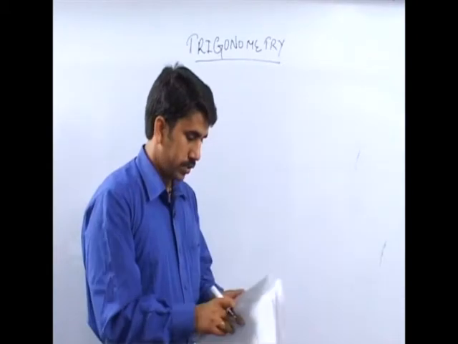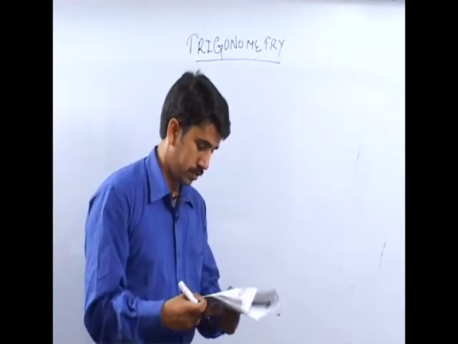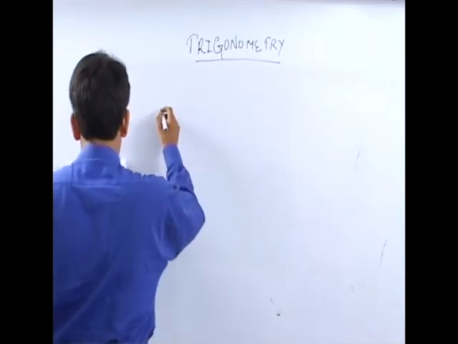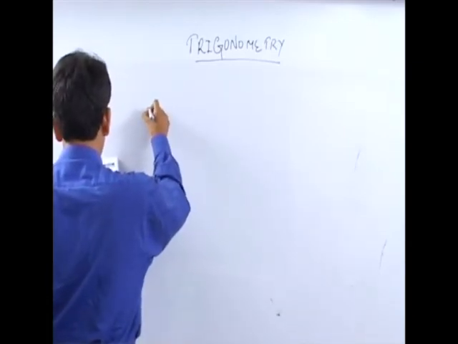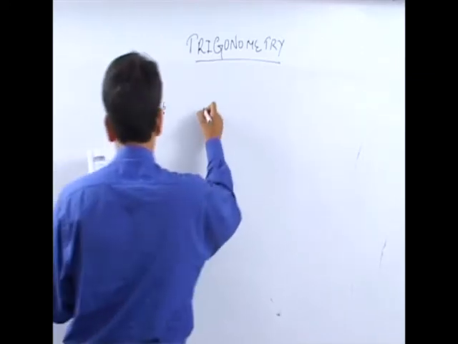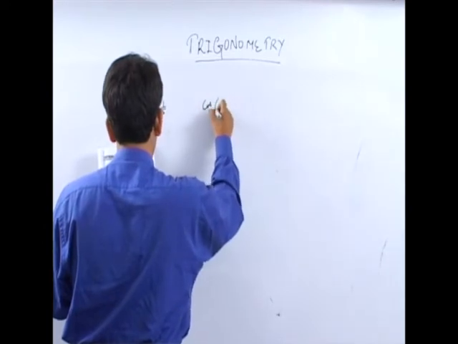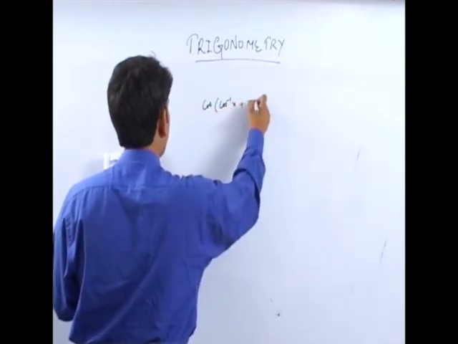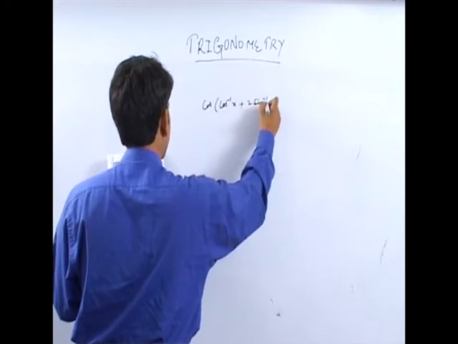Next question is: you have x equal to 1 over 5. You have to find out the value of cos of (cos inverse x plus 2 sin inverse x).